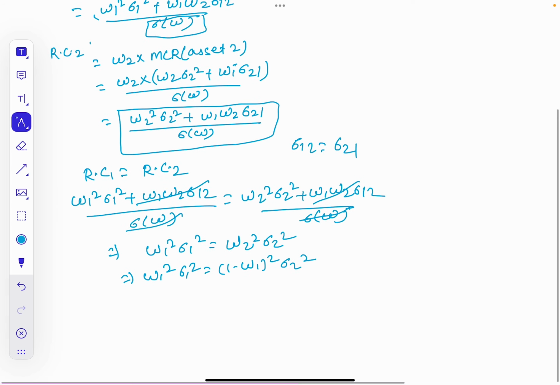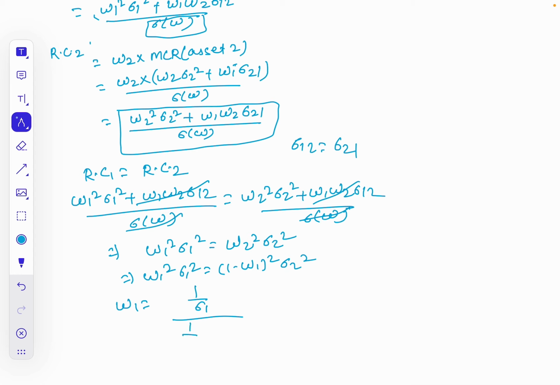So now you can solve this equation to find the value of w1, right? From here you get w1 equal to 1 by sigma 1 divided by 1 by sigma 1 plus 1 by sigma 2. Try to work it out on your own. Once you get w1, w2 is nothing but 1 minus w1, so w2 is 1 by sigma 2 divided by 1 by sigma 1 plus 1 by sigma 2.